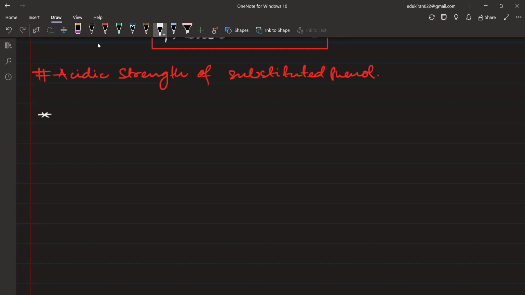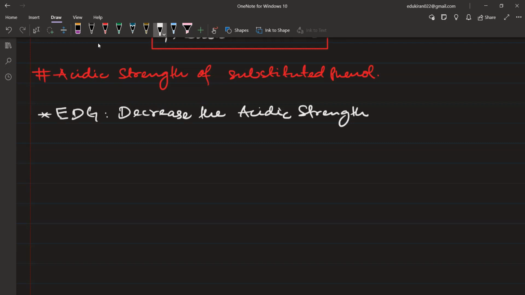If you remember phenol, electron withdrawing group should be there, so that if you have an electron withdrawing group in phenol, then it is going to withdraw the electron from the O negative. If it is withdrawing the electron from O negative, what it is doing? It is stabilizing the conjugate base. First thing is that if you have electron donating group, जैसा alcohol में रहता है, then it is going to decrease the acidic strength.